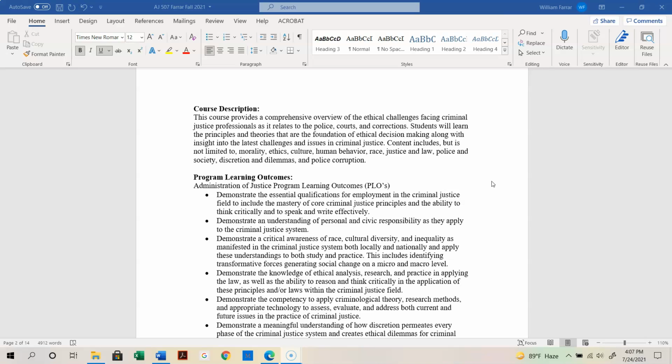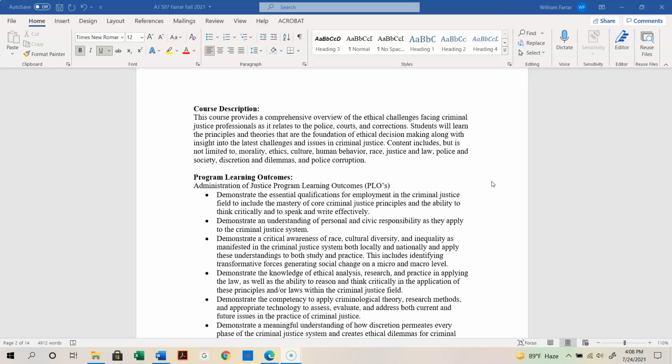So the hope is that you're going to learn the principles and theories that are the foundation of ethical decision making, along with some insight into the latest challenges and issues in criminal justice.